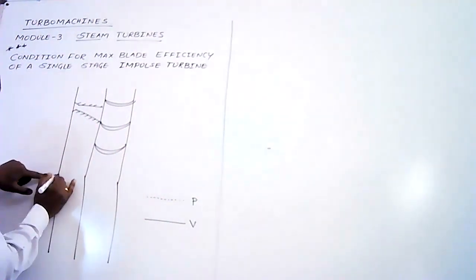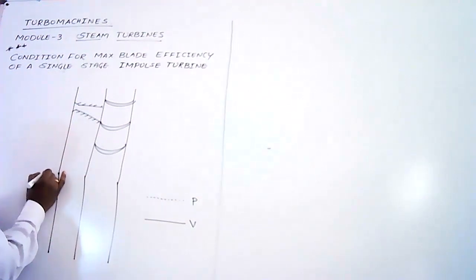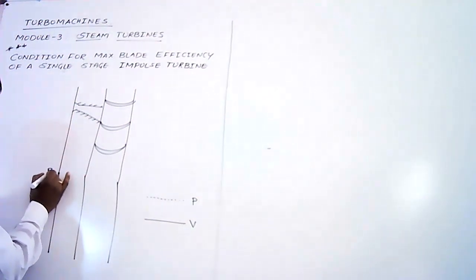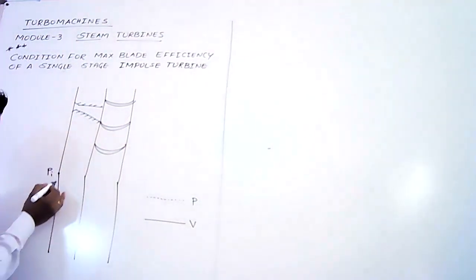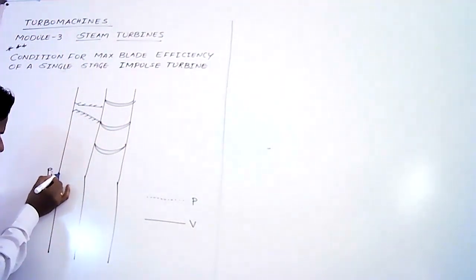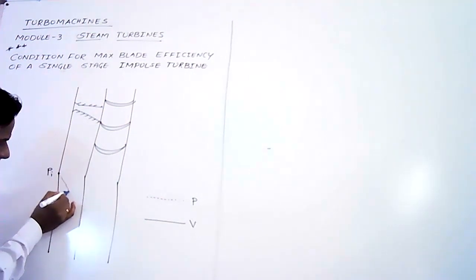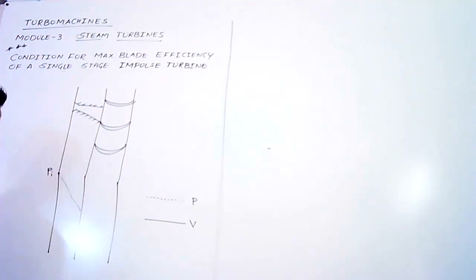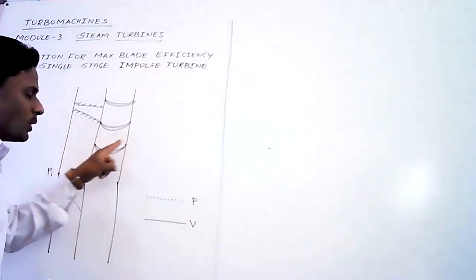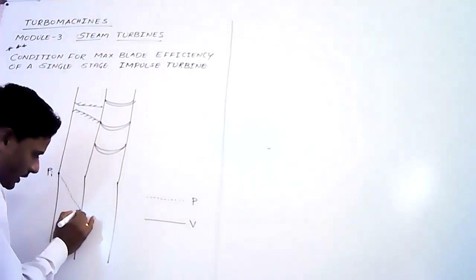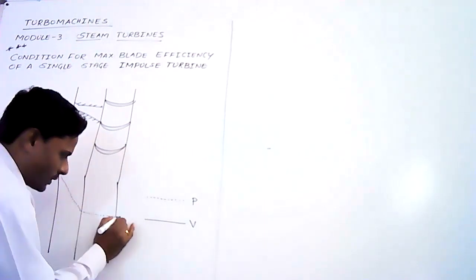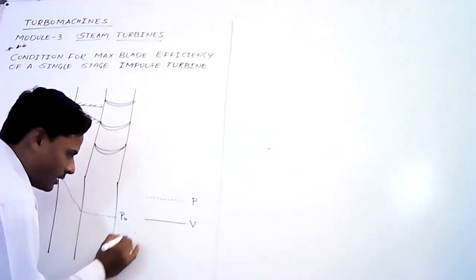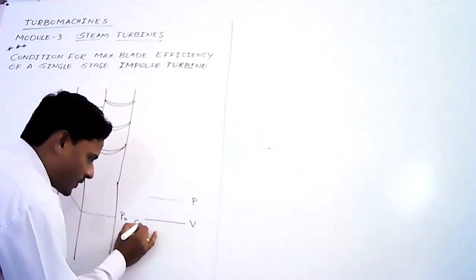The high pressure, high temperature steam, let us take it as Pi, the inlet pressure of steam. When it expands in the nozzle, the pressure gradually reduces, and as it flows over the moving blades, the pressure remains constant, and that is equal to P naught, which is known as the condenser pressure.